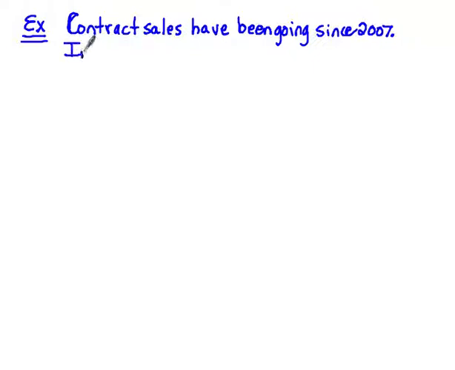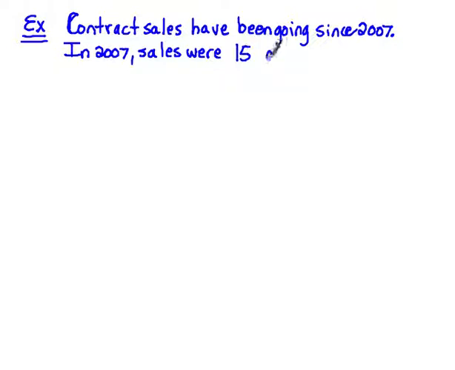In 2007, sales were 15, oh no, you put in the number, 15 million, 15,000, whatever you want to put. I'm just putting 15, okay?